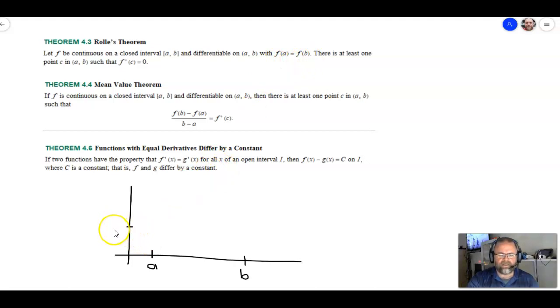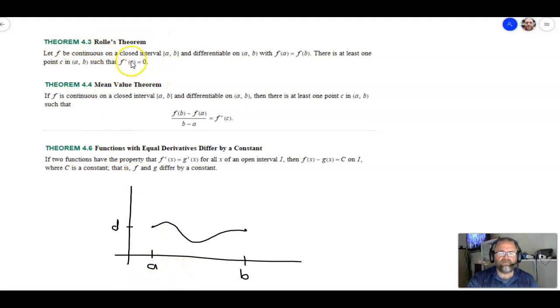So let's say this here is some y value, we'll call that d up here. So as long as I start here at that y value d, and I end here at the same y value, and I have some function that's, but remember, continuous and differentiable, so some smooth curve like this.